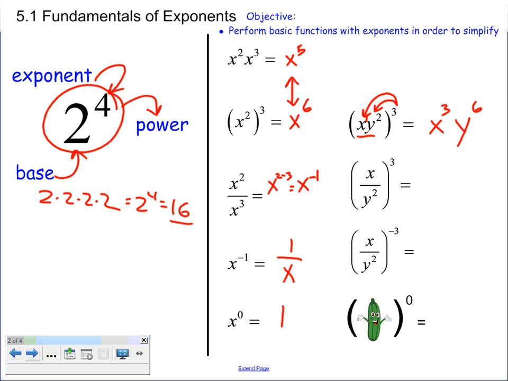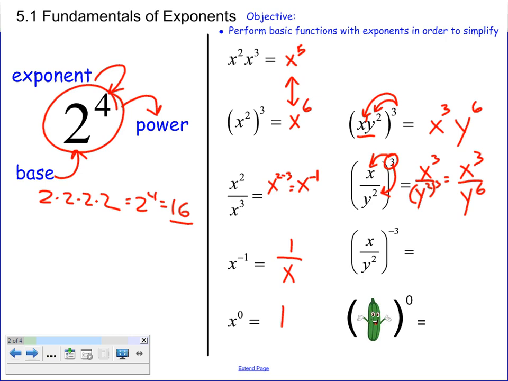If you have a fraction raised to a power, that's the same thing as x cubed on top and then y squared raised to the cube on the bottom, which i.e. is x cubed over y to the 6th power. So again, the exponent of 3 is distributed to both the top and the bottom.